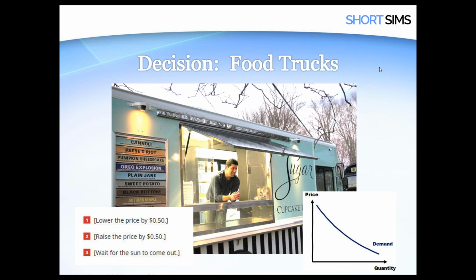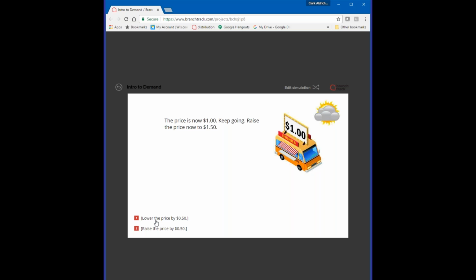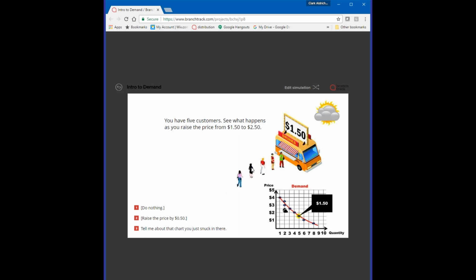So it's not even a matter of oh, you're wrong, or oh, you're right, as much as saying if the price of the drink goes up, you get less people in line. As much as possible, here are customers waiting in line for your drink, and I'm going to raise the price by 50 cents.